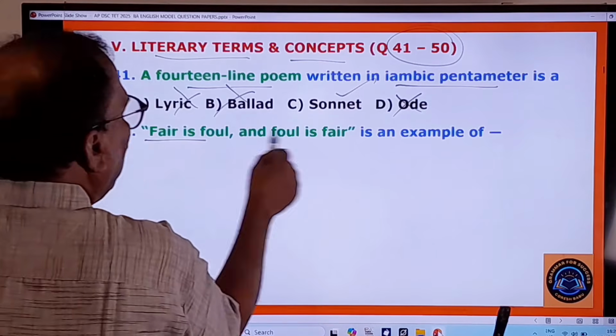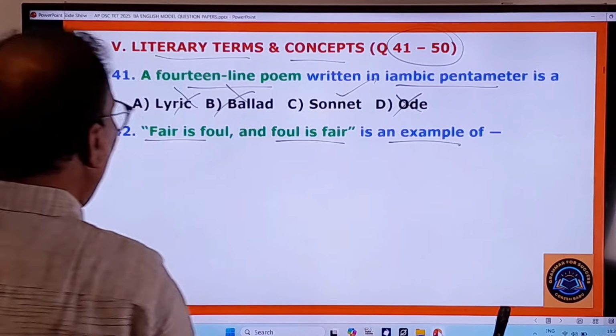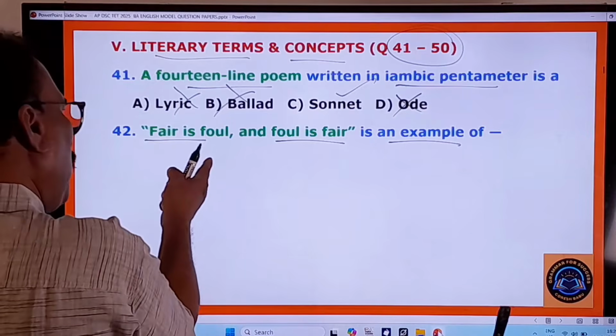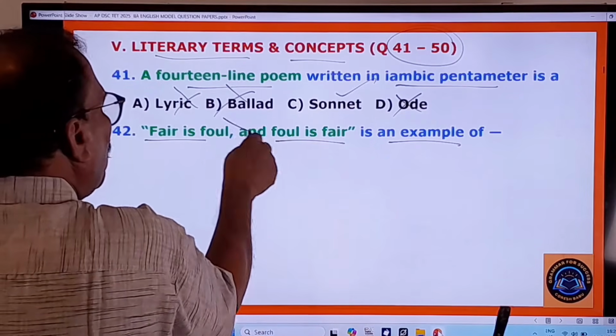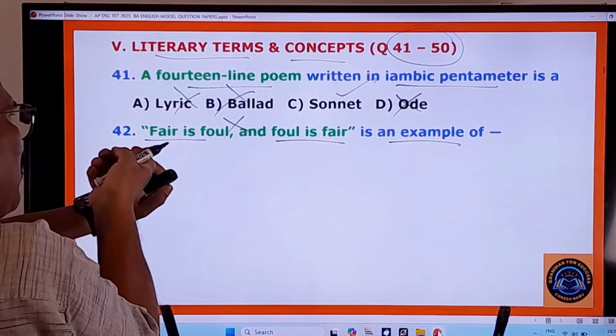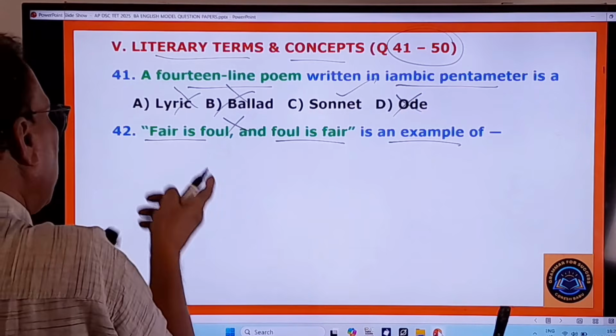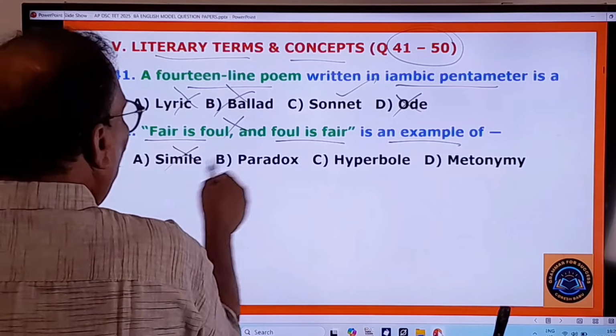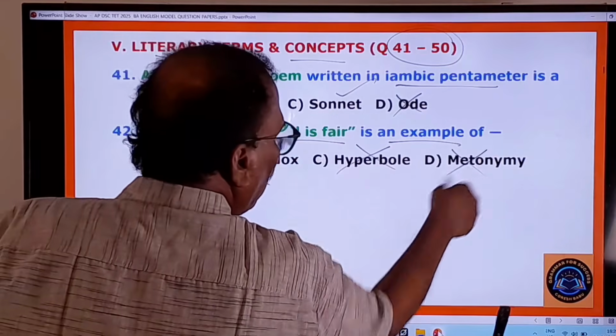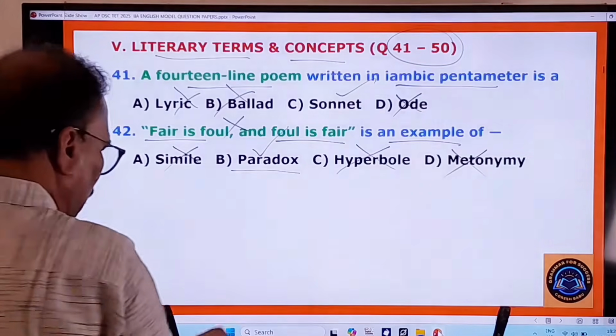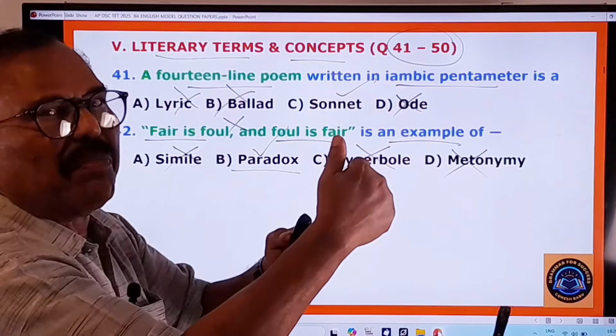"Fair is foul and foul is fair" is an example of what? Here, two opposite statements are at one place. It is therefore not simile, but paradox, not hyperbole, not metonymy. In paradox, two contradictory qualities will be in one person.